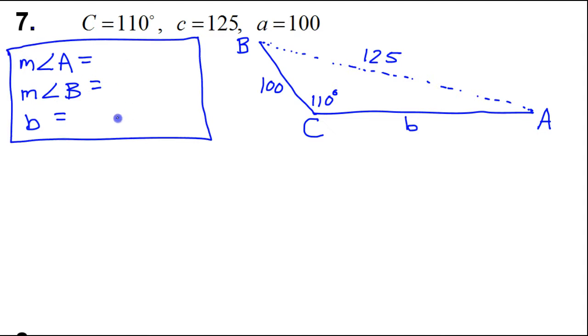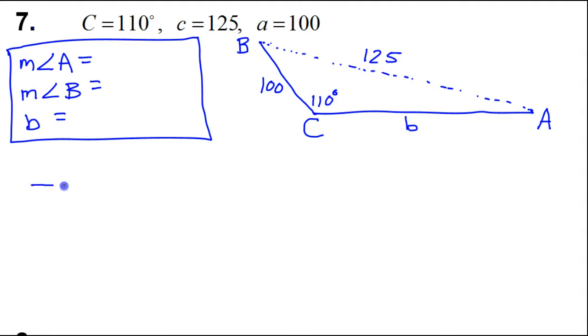Let's put all of those in a box. Now let's look for the two pieces of information that we have across from each other. We have angle C and side C. So when we set up the law of sines, we're definitely going to use that.